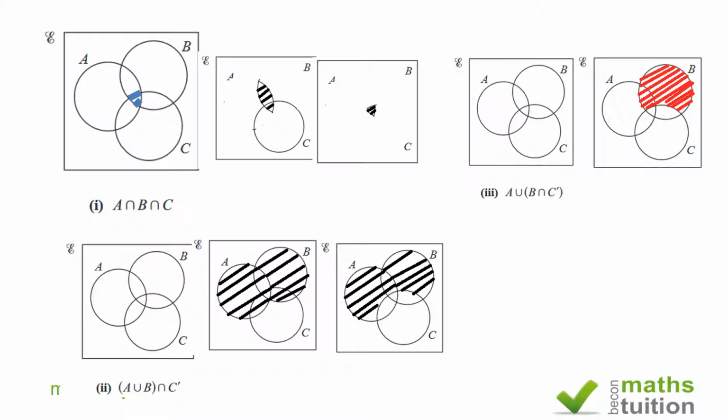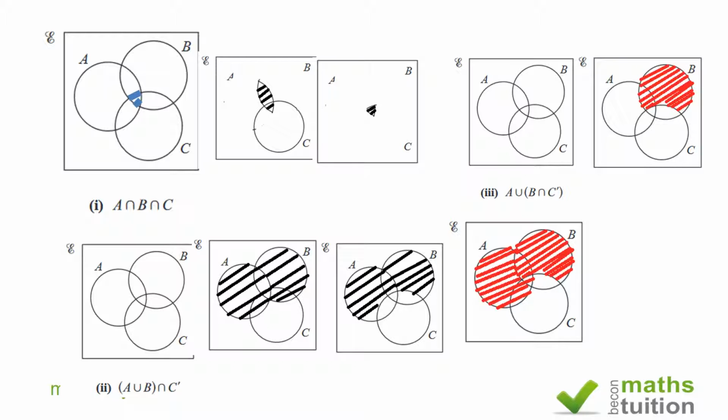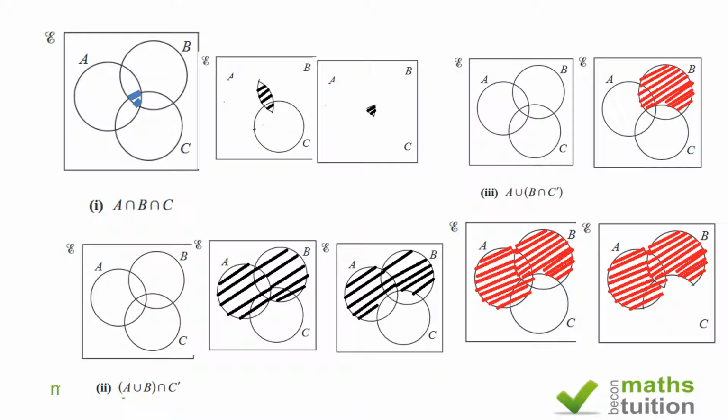Now we combine that with all of A, just ignoring the C for now. So our answer would then be this one here. You can move the brackets, but that's a waste of time, really. So the answer is this one here.